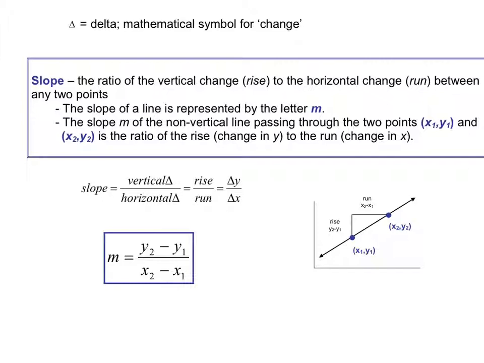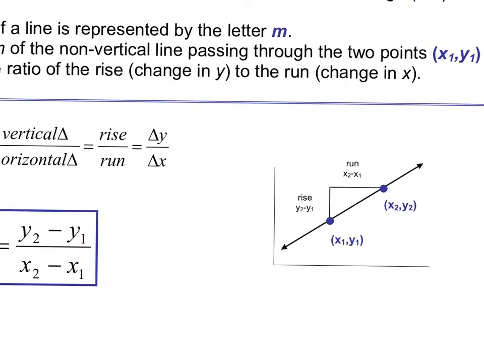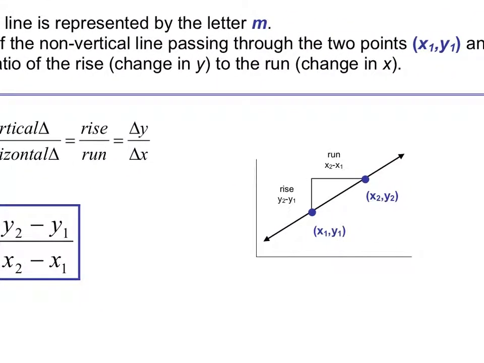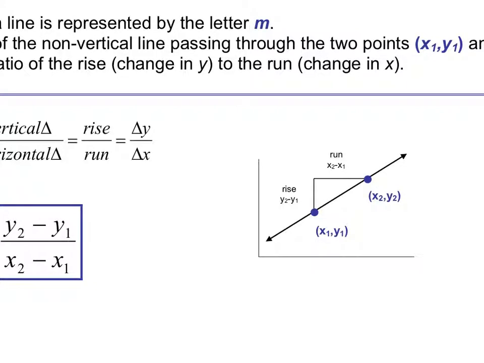All right, also you need to copy this graph in your notes. And you can see this is showing a line that's going up. And you have the rise. The rise is the difference between the y's. So you have y1 and y2. y1 is the y value of one point, and y2 is the y value of another point. x1 is the same thing, the x of one point, and x2 is the second point.